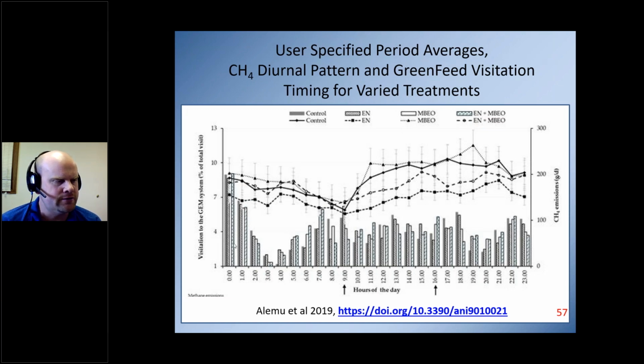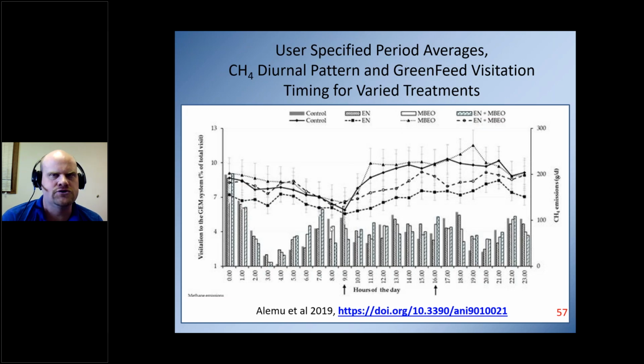They actually plotted the visitation for each treatment at visits to the GreenFeed on top of the average treatment by hour. And here you can start to see that on some dietary treatments, methane emissions are consistently lower over the course of the day than other treatments.